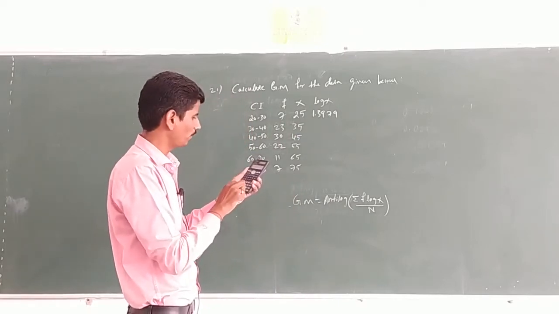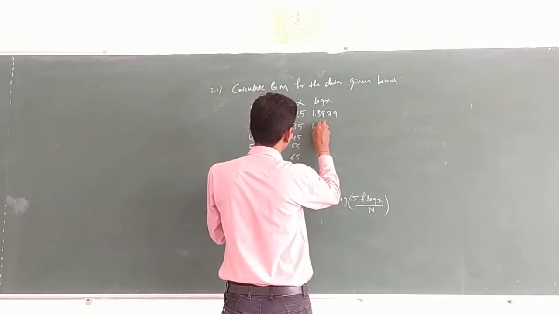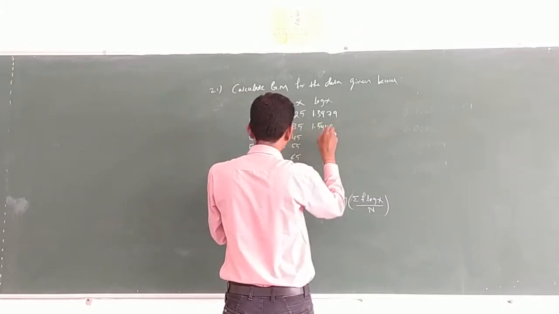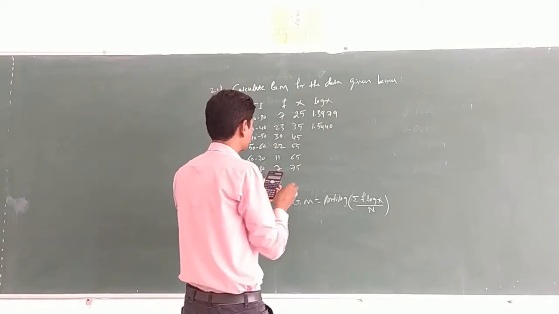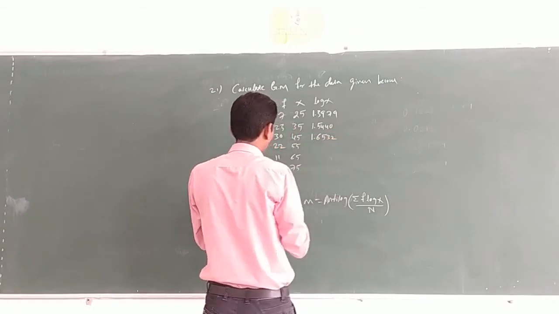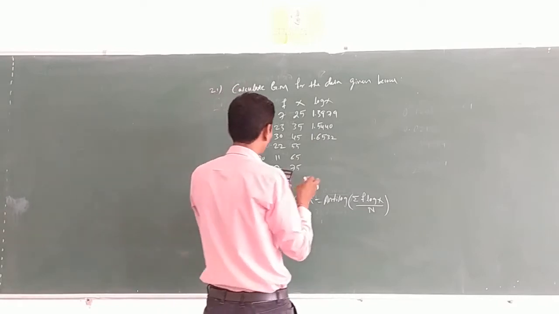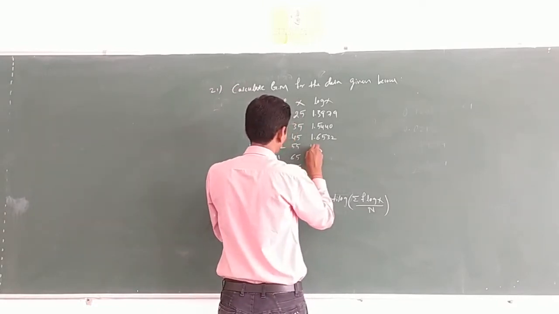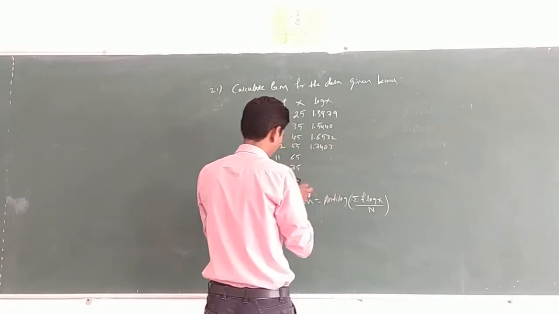The next, log 35 is 1.5440. Log 45 is 1.6532. Log 55 is 1.7403.